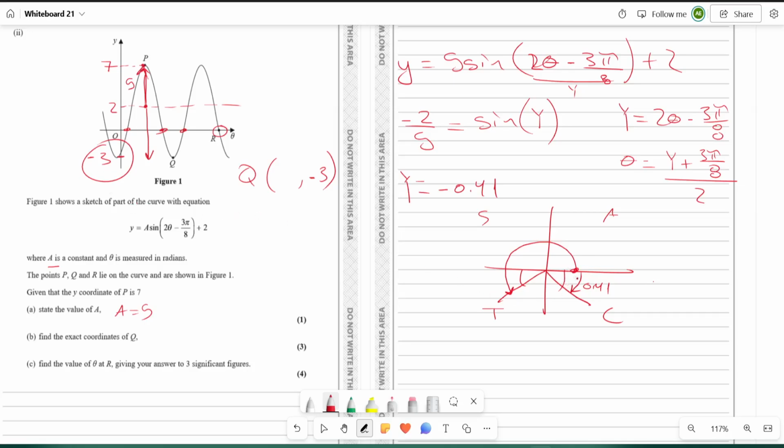The second positive answer is going to be this part over here. The third one is going to be skipping the first, the second, and going again over here, so it's all of this angle. And the fourth one is going to be skipping this, and coming back to it.